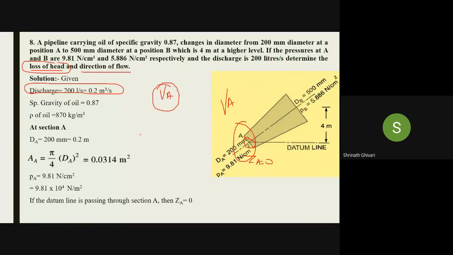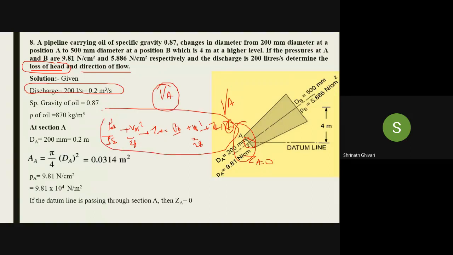But if I go for Bernoulli's equation, that is PA by rho g plus VA square by 2g plus ZA equal to PB by rho g plus VB square by 2g plus ZB plus HL, there will be two parameters which are left, which will be unknown. Then I can't solve the problem, right? So I cannot use Bernoulli's equation to solve this VA.